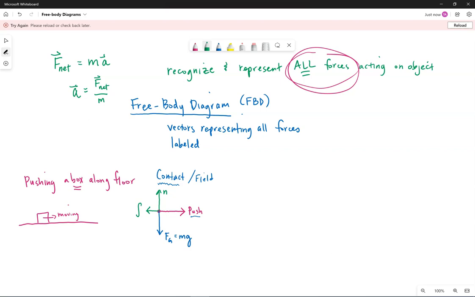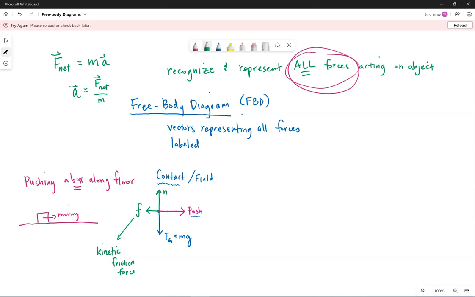We're going to use a lowercase f. This represents, in this case, what we call kinetic friction force. We'll be talking about static friction as well. We will use a lowercase f to represent that type of friction. So it's common to use this lowercase f just in general to represent any type of friction.